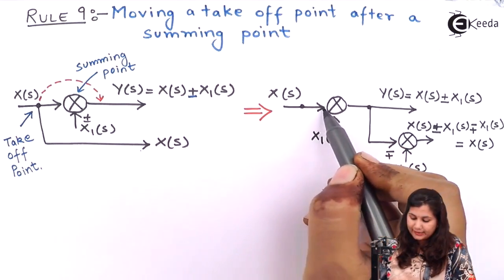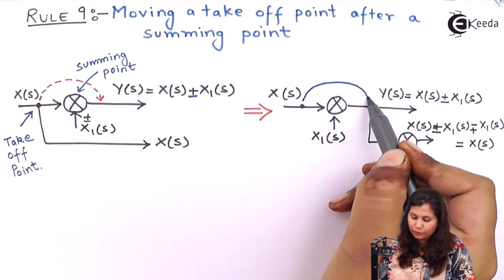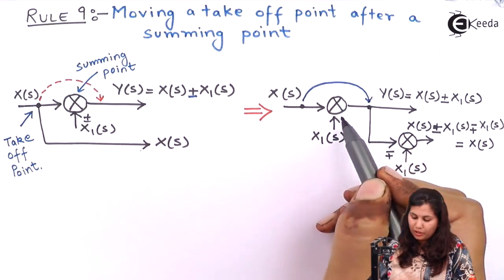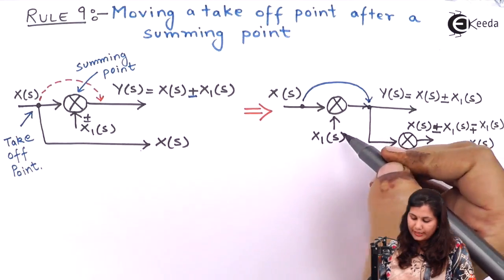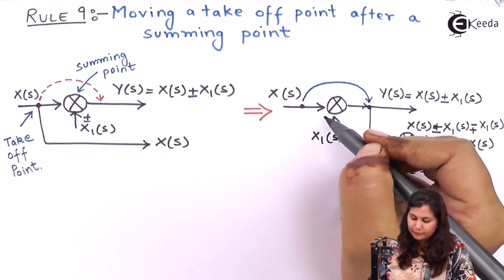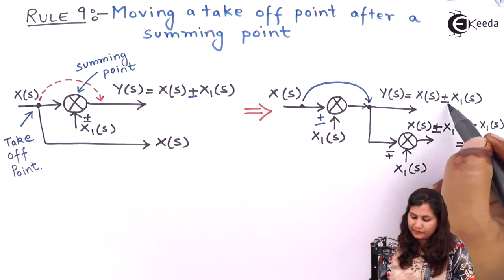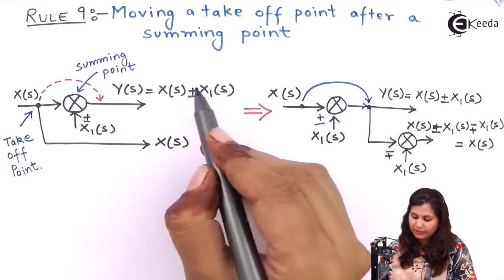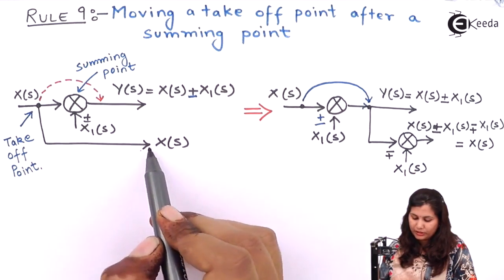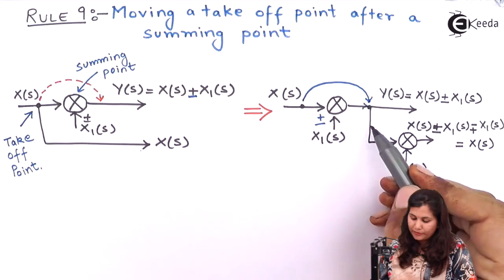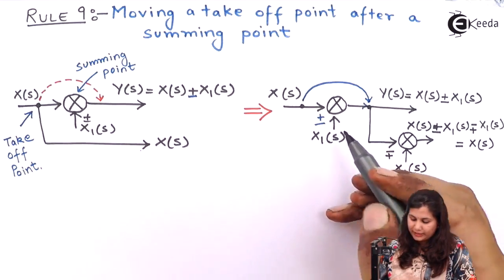This is X(s) and we have shifted the takeoff point from this position to this position. So the output of the summing point will be X(s) plus minus X1(s), so Y(s) will be the same in both the cases. Now let's see if there is any effect on this X(s). From here we are getting X(s) plus minus X1(s).